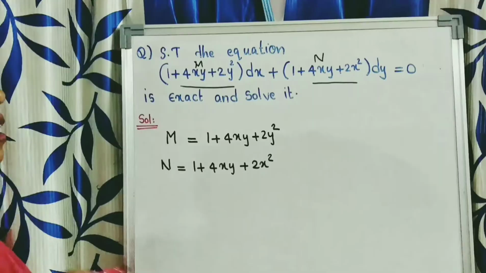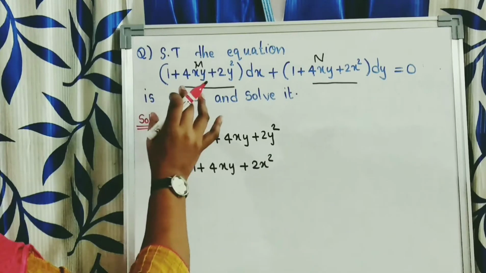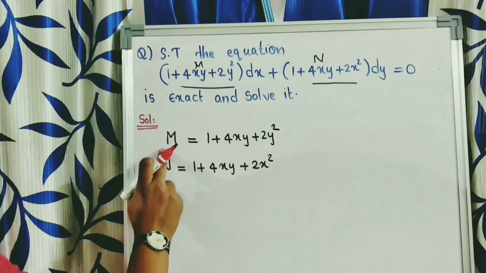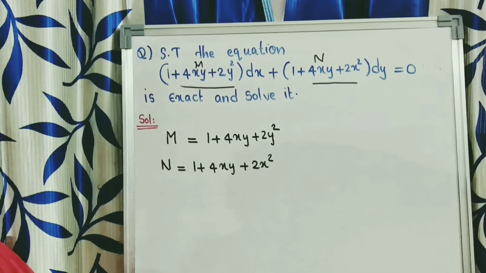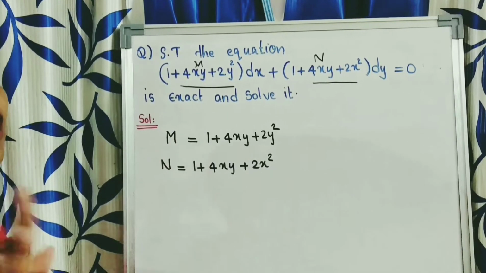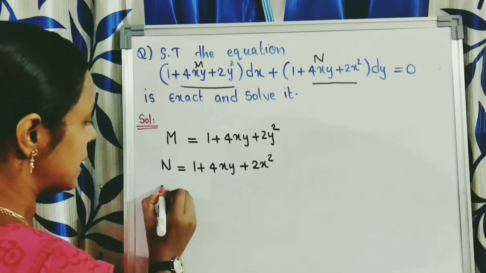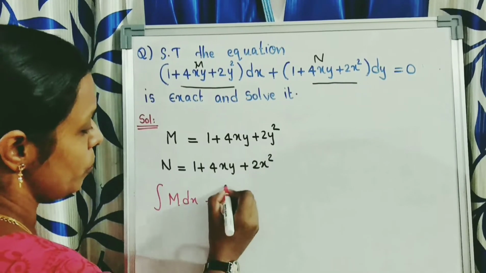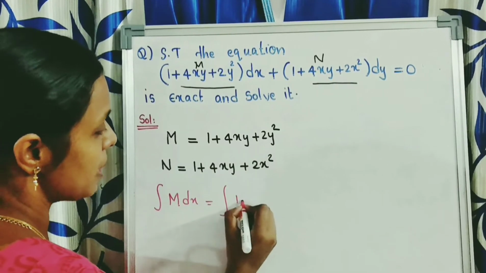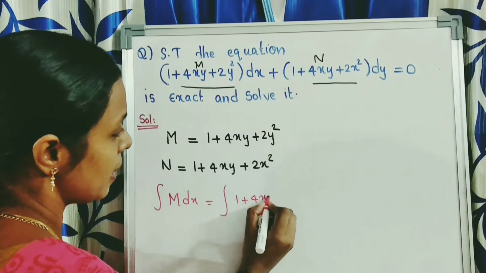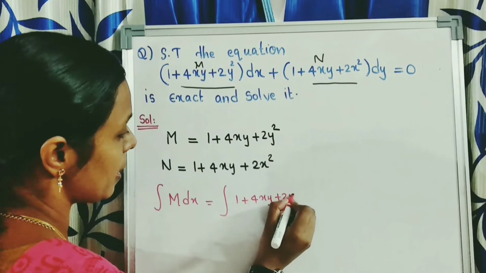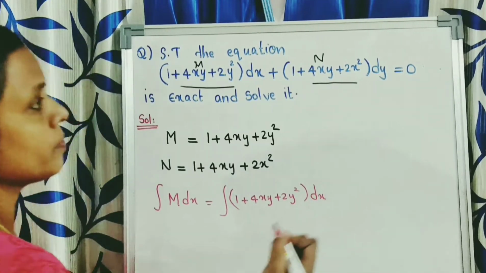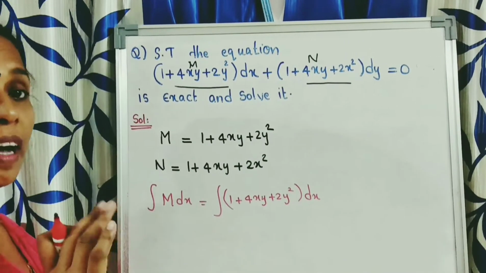Next we have to find the solution of this differential equation. First we integrate M with respect to x regarding y as constant. The integral of M dx equals the integral of (1 + 4xy + 2y²) dx, in which we consider y as constant.